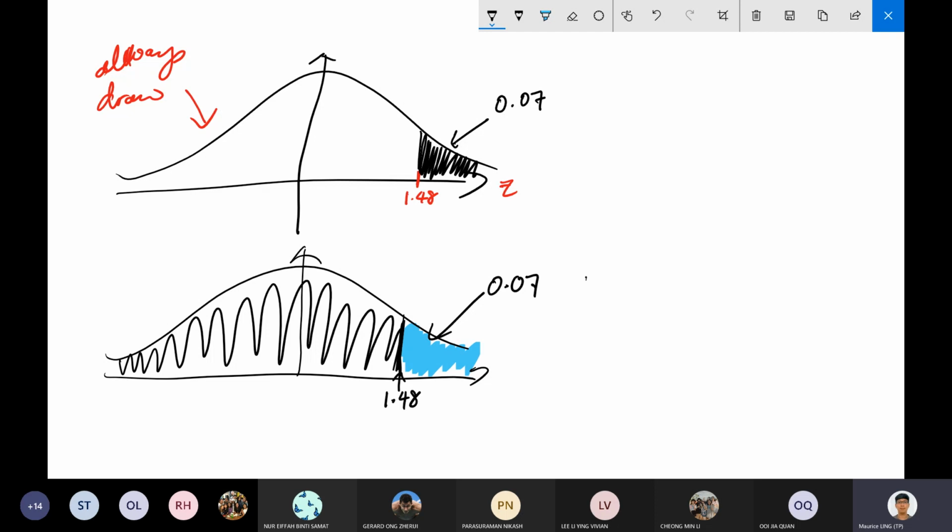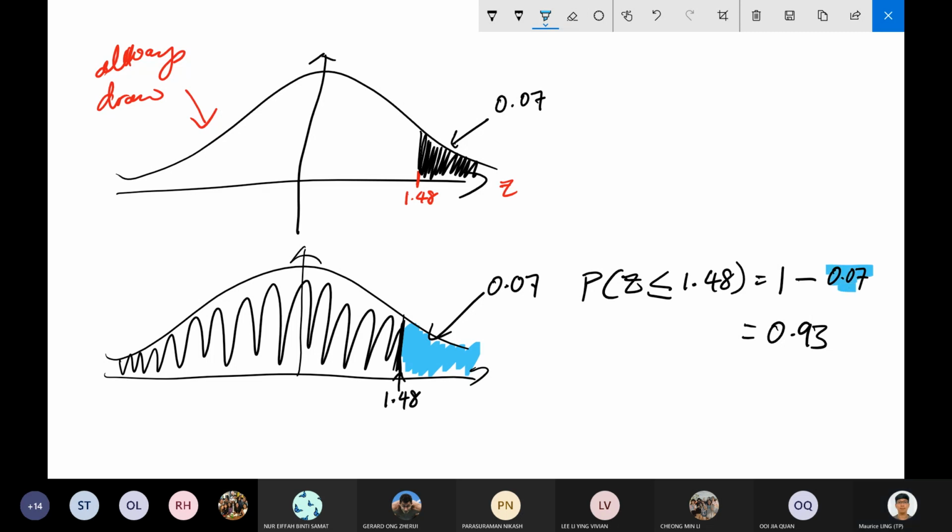So the probability of Z less than or equal to 1.48 is the total area minus the blue shaded area, which is 0.07. That gives you 0.93. So you have to see where you are.